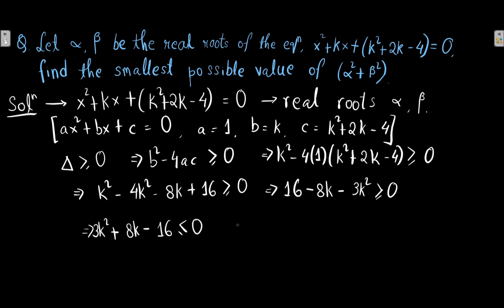Okay, so this can be factorized, the product is negative 48, so 12 minus 4 is plus 8. So this becomes k plus 4 times 3k minus 4, less than equal to 0.